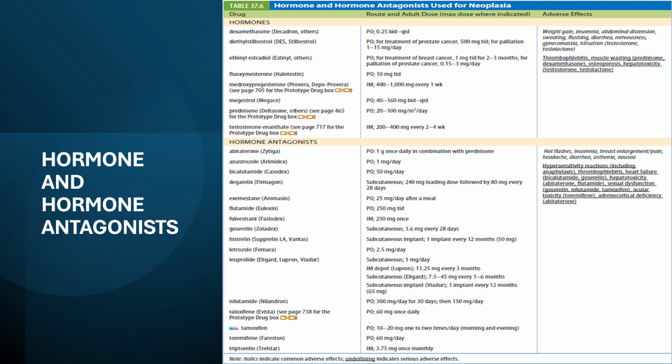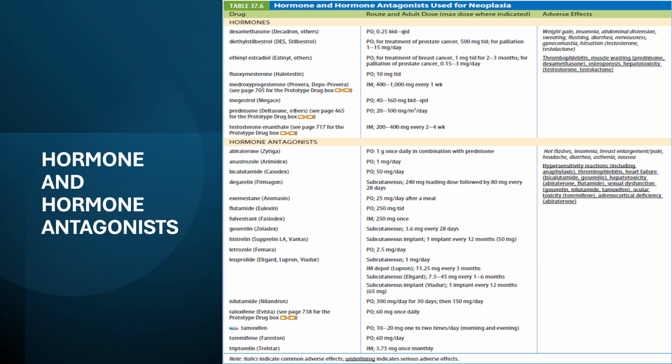Gonadal hormones. Gonadal hormones are used to treat tumor cells that possess specific hormone receptors. Two androgens, fluoxymesterone and testosterone enanthate, are used for palliative therapy for advanced breast cancers in postmenopausal women.